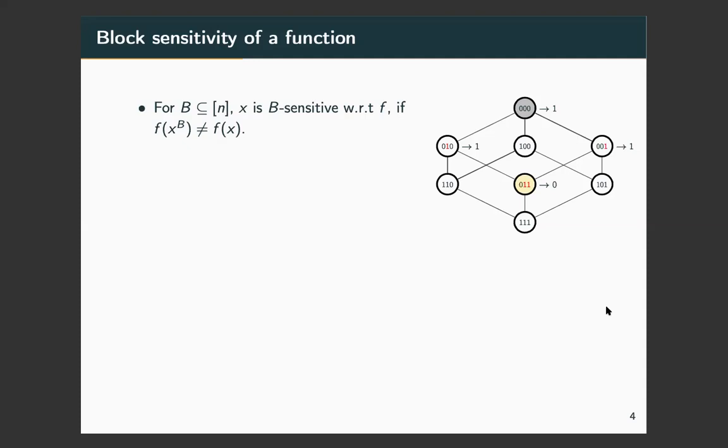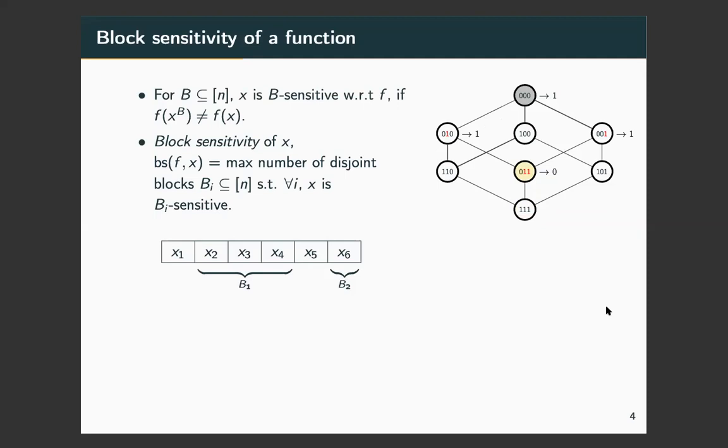In this graph, the function maps the vertex 000, shaded gray, to 1. This input is sensitive to the block {2,3}, as on flipping both the second and the third bit, you get 011, shaded yellow, which is mapped to a different function value.